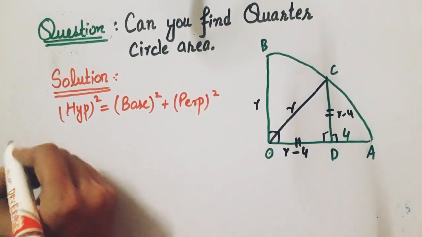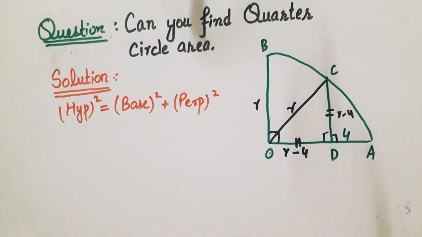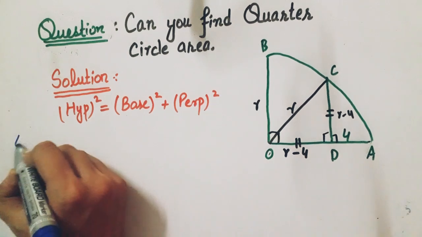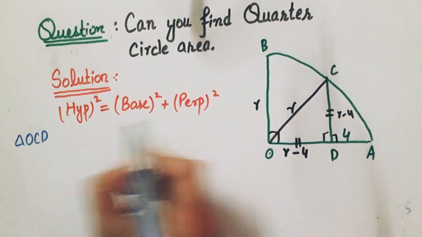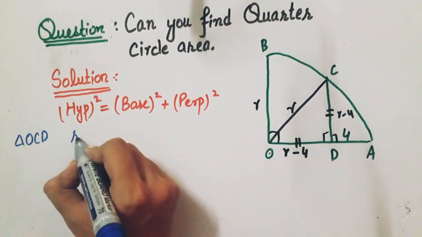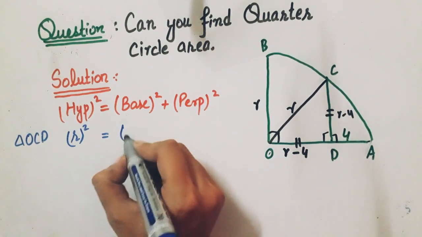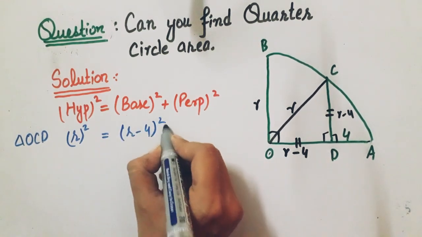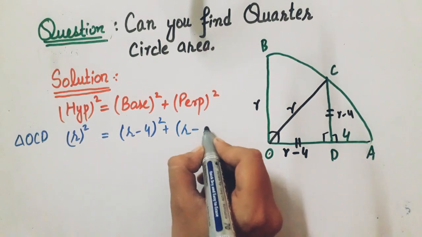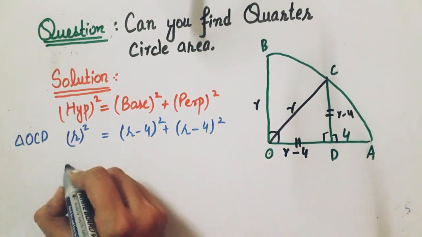So in this triangle OCD, we say the hypotenuse is R, this is R square, the base is R minus 4 and the perpendicular is also R minus 4. Now solve this.